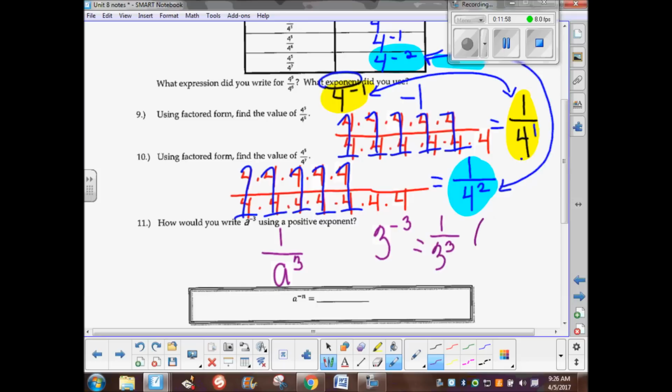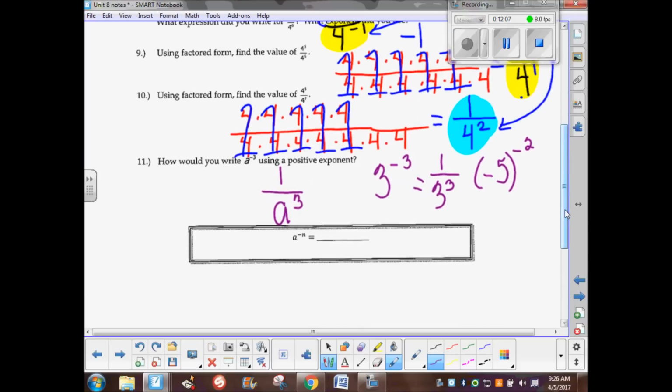What if I had negative 5 in parentheses to the negative 2nd power? Who can tell me what that is equal to? Nope. The negative exponent, I want to write it with a positive exponent. Alexis. What are we doing each time here?